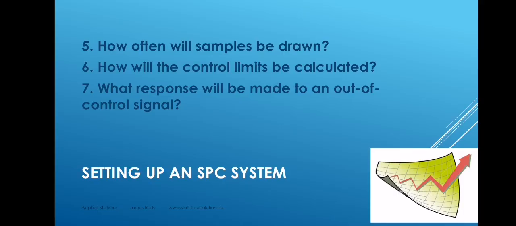The 5th question is, how often will samples be drawn? And there are 2 answers to this question. It depends on whether the process tends to drift or suddenly shift out of control. If a process is prone to shift suddenly out of specification, the economic principle is that the cost of defective product should be the same as the cost of sampling inspection.